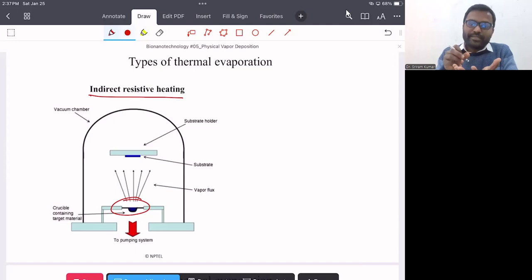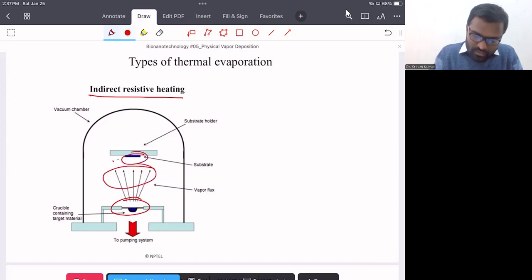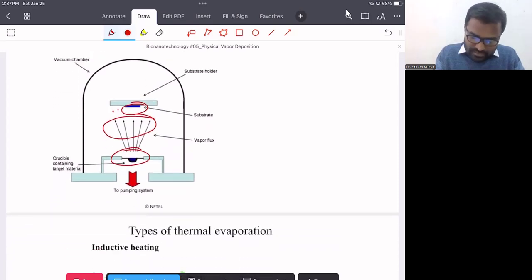We put our material, which may be in powder form or in crystal form, in this crucible, and we apply heating in the surroundings of this crucible, so that the material goes from the solid phase to the vapor phase, and that gets deposited on our substrate material. So here we are not directly heating the material, but indirectly heating its surroundings, so that the material gets deposited.